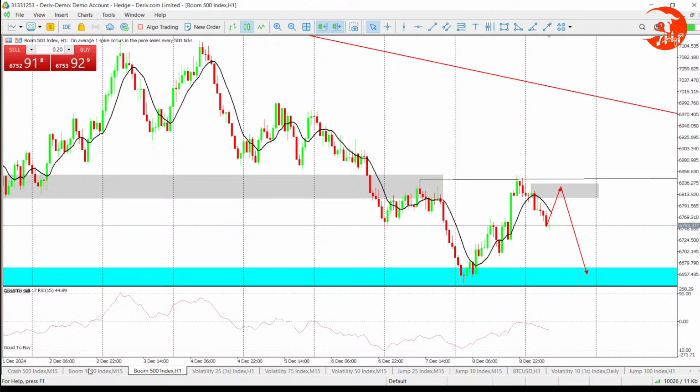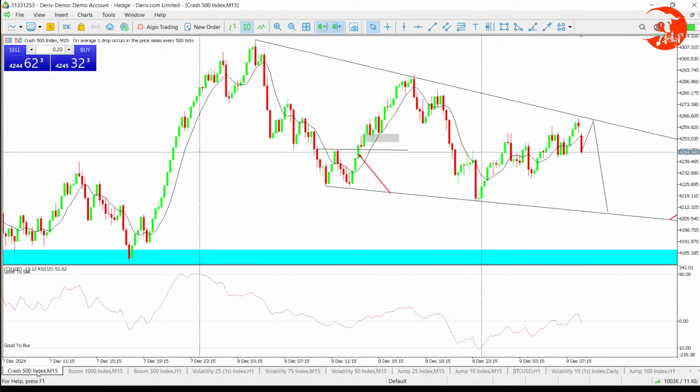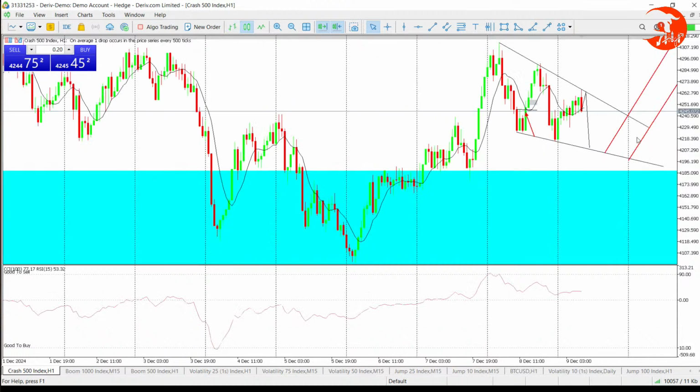Boom 500, Boom 1000, not really, and also Crash 500 is highly anticipated to give us money. So this move can give us money, but the major one is the move to the buys there, because we are consolidating within a falling wedge.